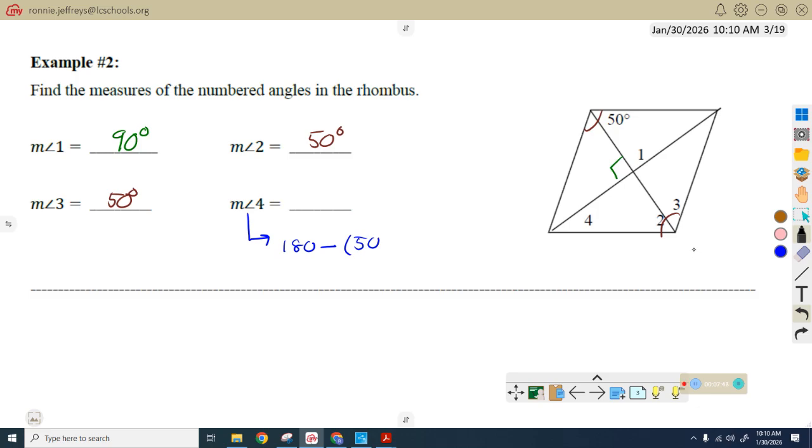All right, now we can actually do this right here to find angle 4, because you know this is 90, this is 50, and this triangle adds up to 180. So 180 minus these 2 added together is 40 degrees. That's right.